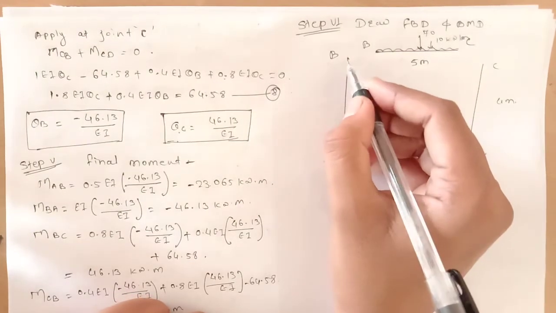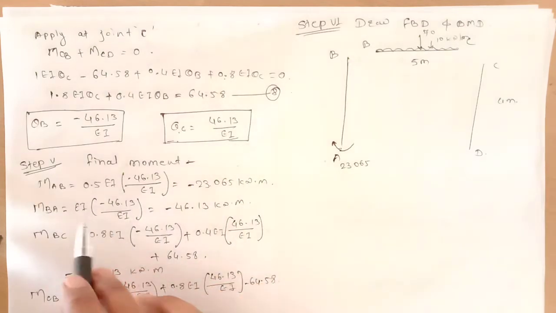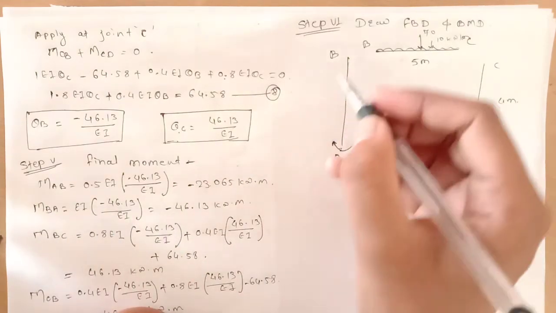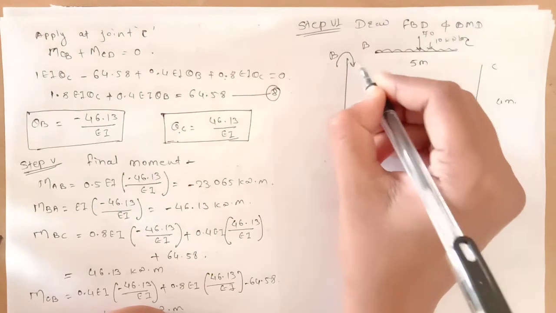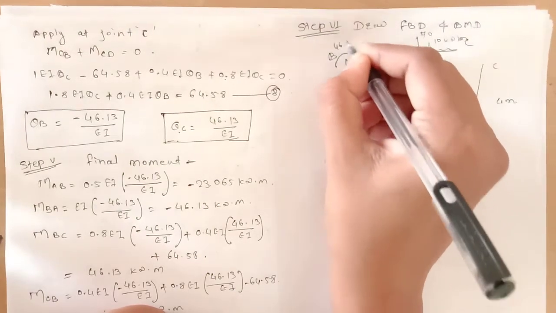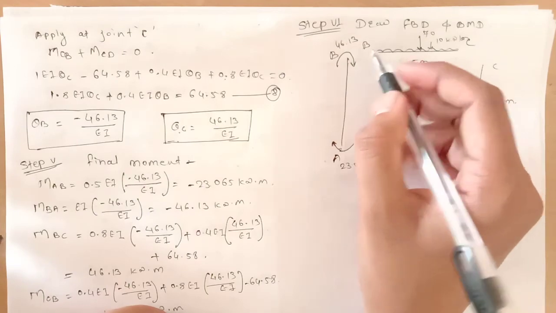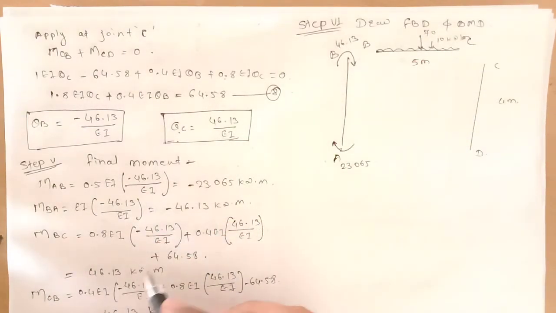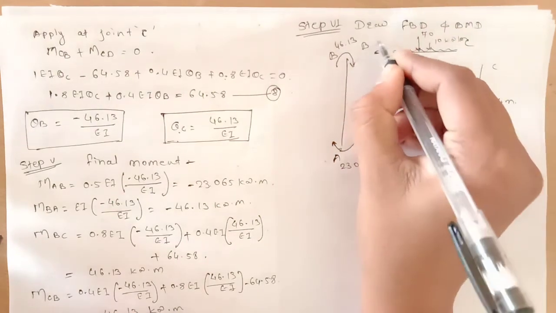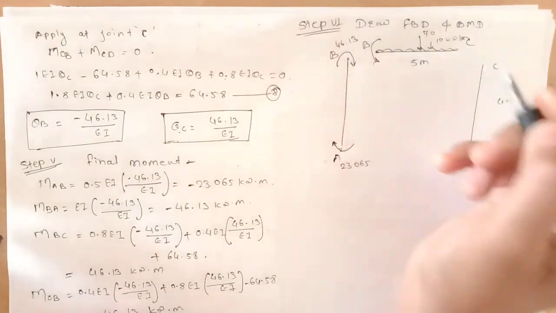Then next, the end moment at member BA is also minus 46.13. So here the moment is like that, 46.13. Then at member BC the value is 46.13 positive. So here the moment is like that, 46.13.